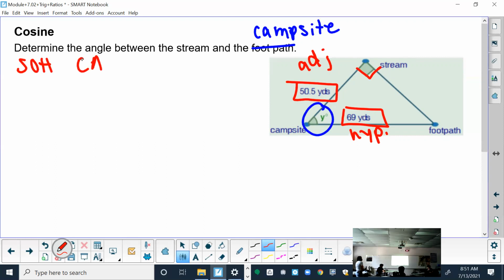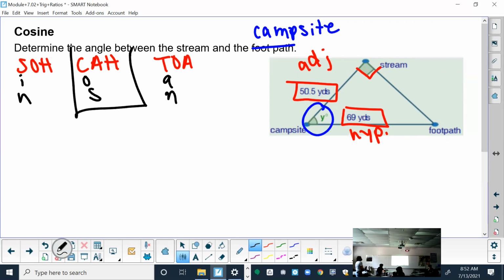Looking at our little cheat sheet, which of these functions is the only one that has adjacent and hypotenuse? Cosine. Good. Cosine is the only one with adjacent and hypotenuse. That is how we figured out that we're using cosine, because it won't always tell you.